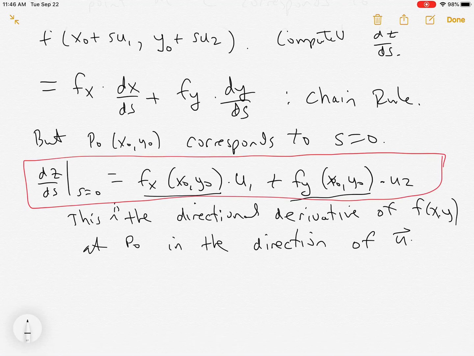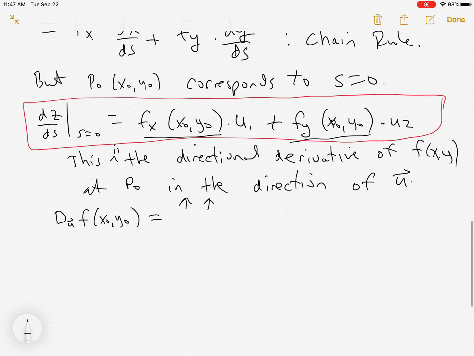I like to write it like this: cap D with a subscript U vector to tell you you're going in that direction, of the function f at x naught, y naught. You can also put a z there instead of the f, and that just says that you're on the surface, but I like this better, and this equals exactly what's upstairs there.